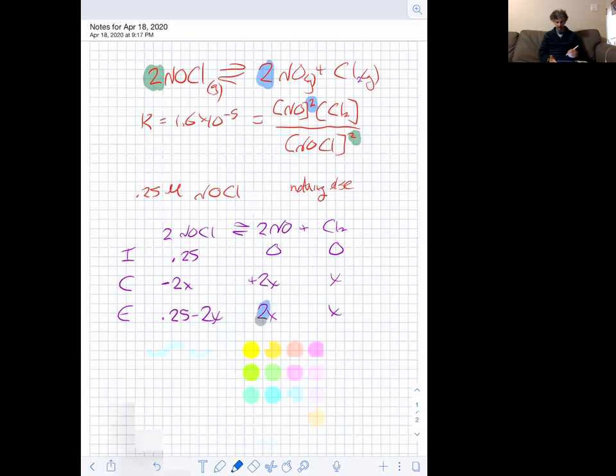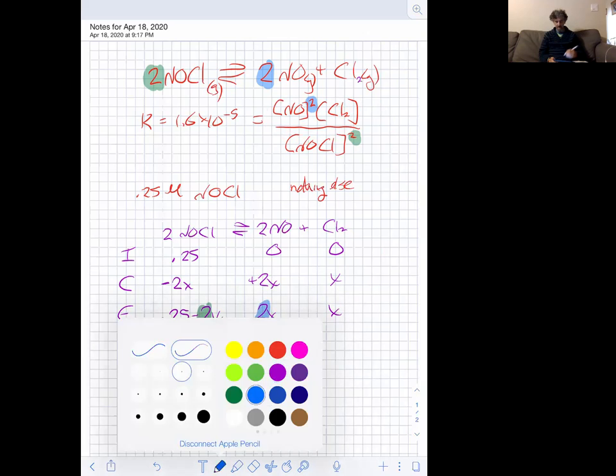Once again, I'll color code these here. Okay, now we got things that say what the equilibrium amount is, 0.25 minus 2x and 2x and x. But at least we can now plug those things in to our law of mass action equation.